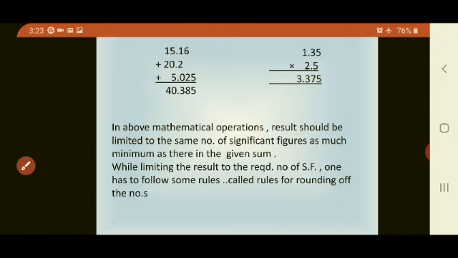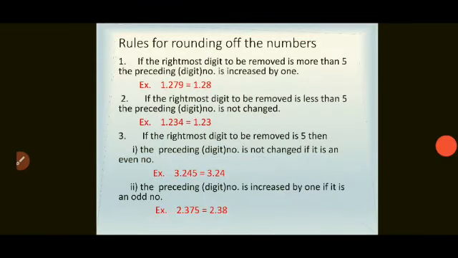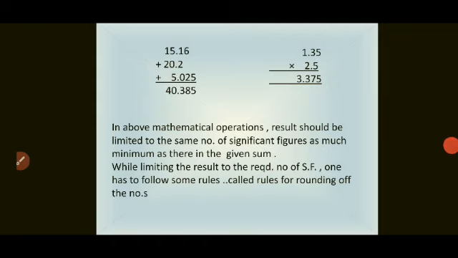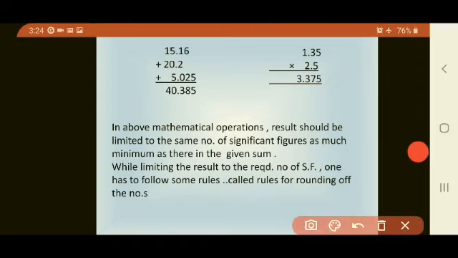Now in the second example, this one, 1.35, how many significant figures are there? 3 significant figures are there, whereas in the second one 2 significant figures are there, but the final answer contains 4 significant figures, right?